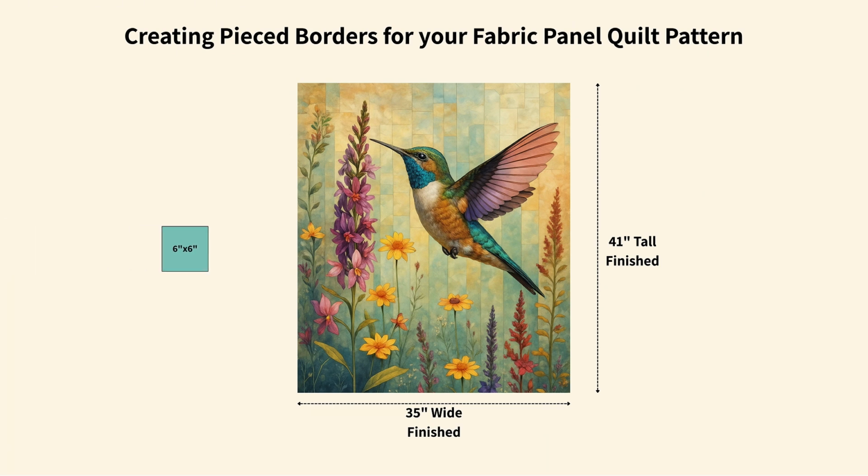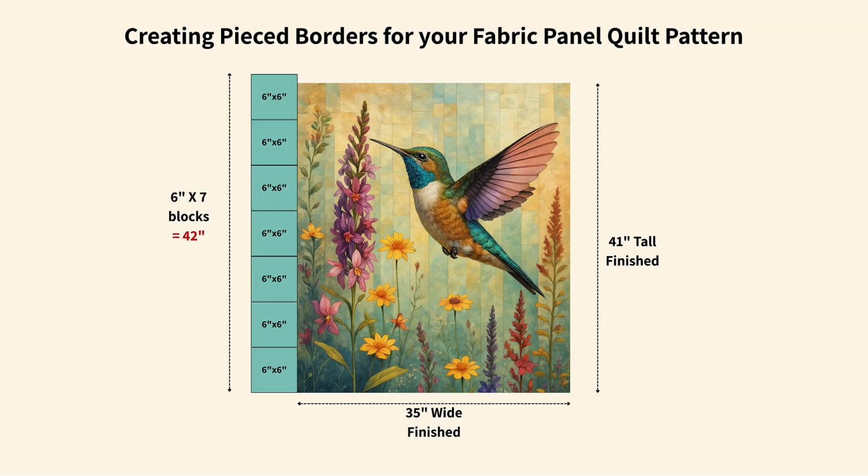Now, let's say we've fallen in love with a 6-inch finished block for our pieced border. Now we need to figure out how many 6-inch finished blocks fit along the sides and the top and bottom. So, starting with the side borders, let's see how many blocks fit the height. Our panel is 41 inches tall, finished.